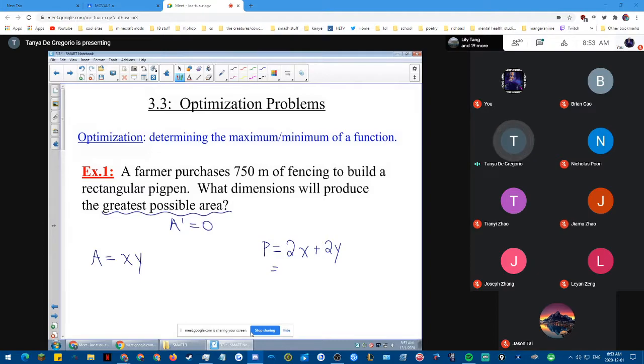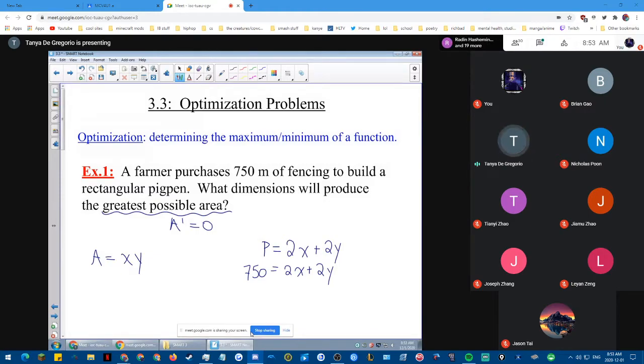Okay, so 2x plus 2y. All right, and then what else do I know? That's equal to 750. Thank you, Brian. Okay, so now I have another equation. From here, I can rearrange this equation to solve for y.